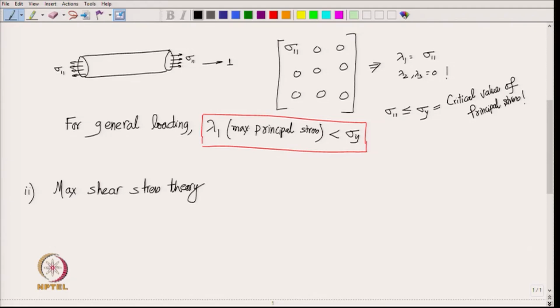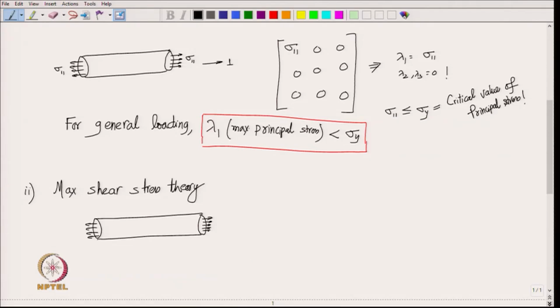Okay. So, in this case again, to find out the critical value of shear stress at which the body is failing, we again do our simple tension test. We keep on increasing the value of sigma 1, and at a critical value the body would have failed, right.